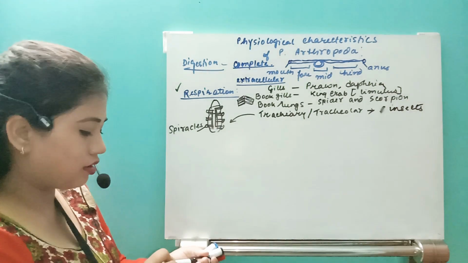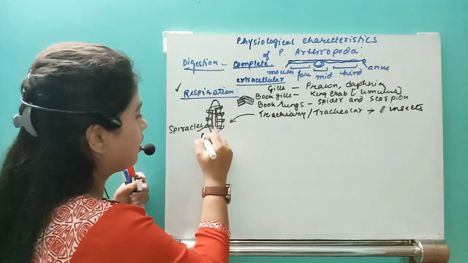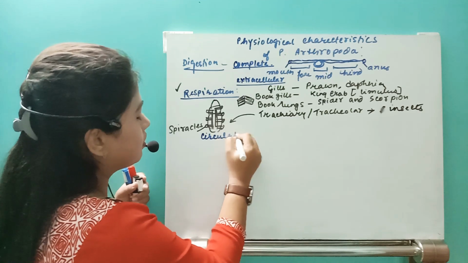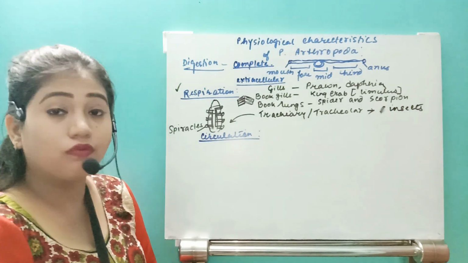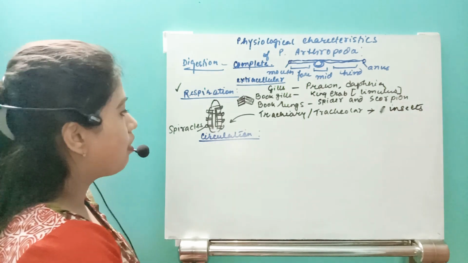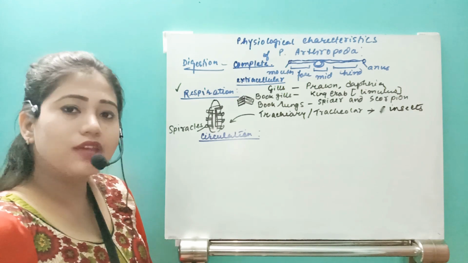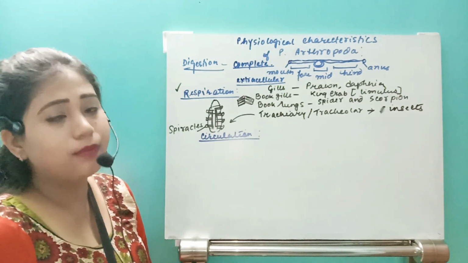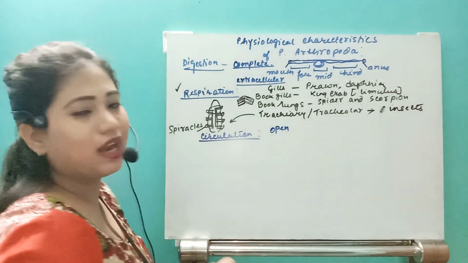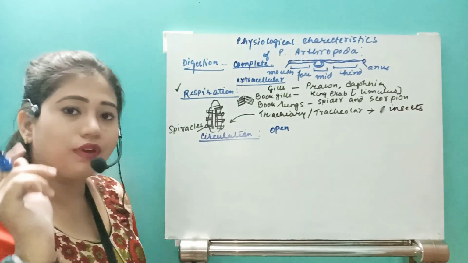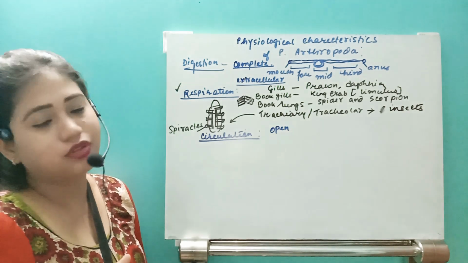Now come to another point, that point is about circulation. I will tell you the reason why they do not take the help of the circulatory fluid for respiration. In case of this organism, remember, arthropods have open circulation. What we have seen in the annelida, they had closed circulation.